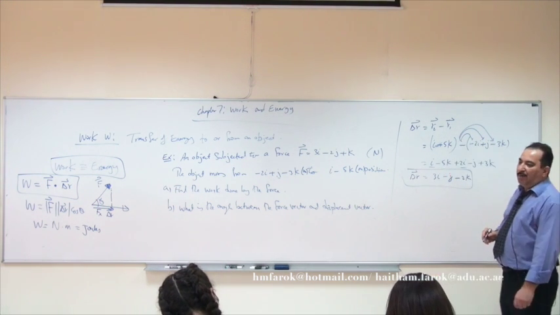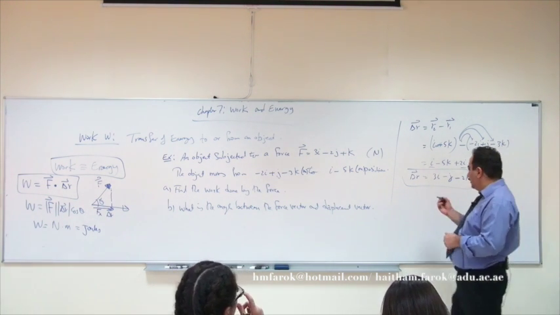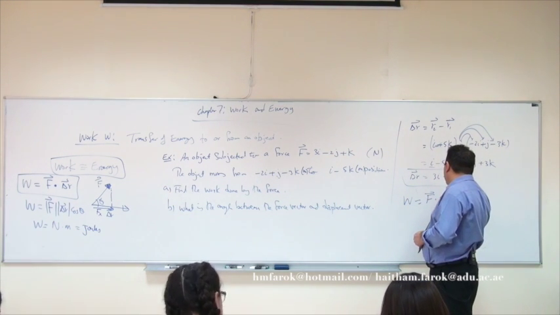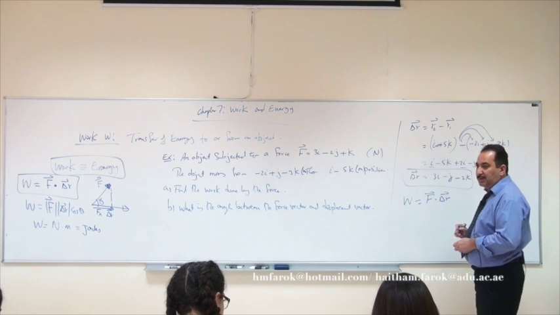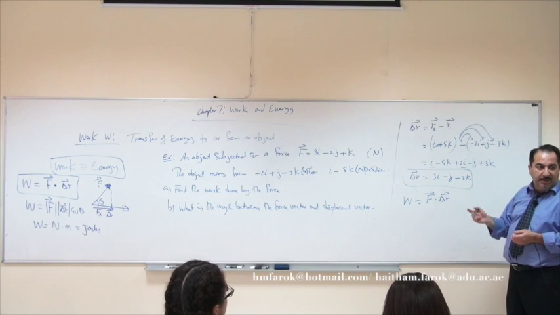Okay? Now, if you have vectors, then what you have to do is the dot product between the force and displacement. So work is force vector dot displacement vector. Here, do I need to use magnitudes or vectors? Because they are ready, yeah?